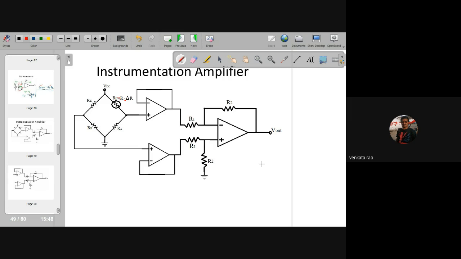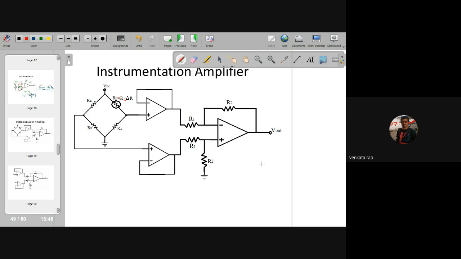A 0.001 volt value is not going to produce any deflection in the meter. So to produce a minimum deflection in the meter, the signal has to be amplified. For that reason, here we are using the instrumentation amplifier.